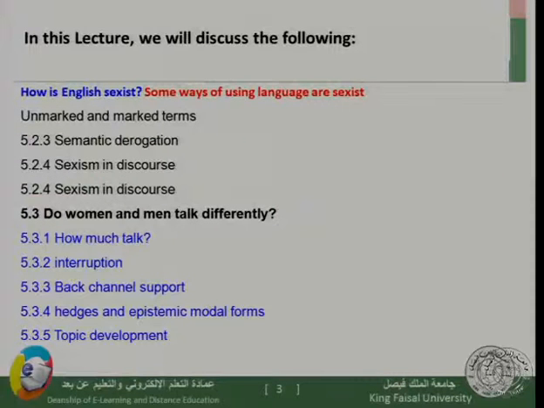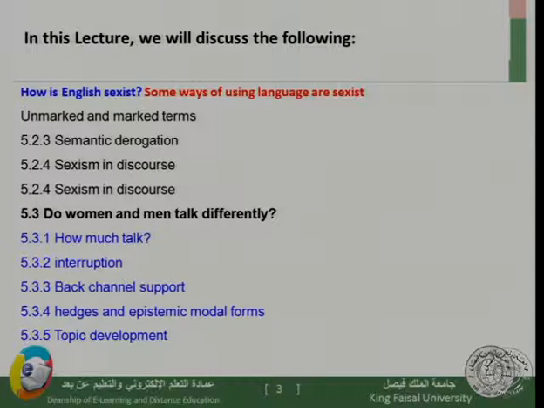Today we are going to continue the chapter we started last week, which is language and gender. We will talk about how the English language is sexist and other ways in which language is used to indicate sexism.